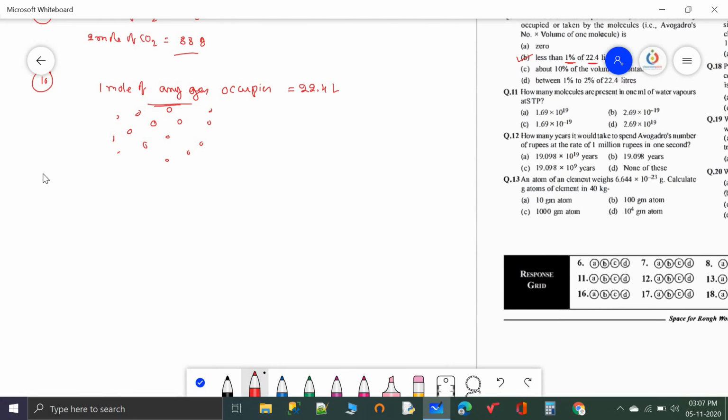Let's try to solve question number 11. How many molecules are present in 1 ml of water vapors at STP?